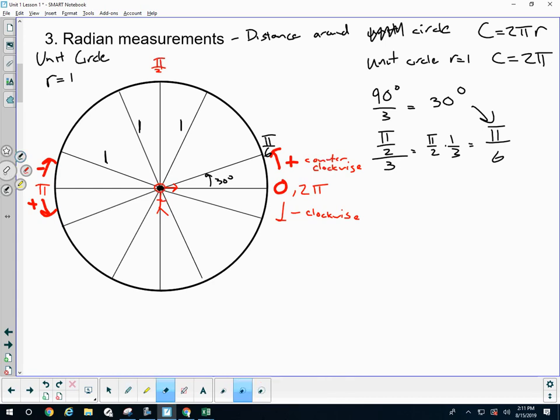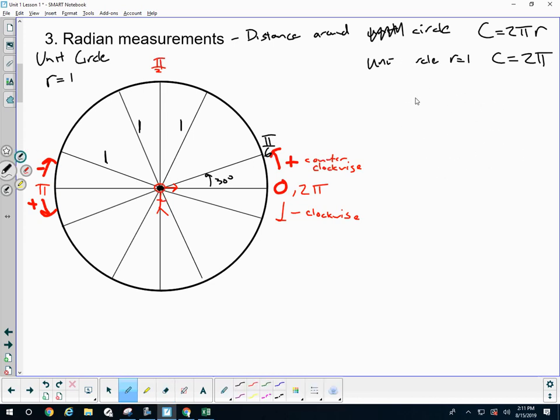All right, so we don't have to have this, but we do have to know that pi over 6 is what you guys think of as 30 degrees. Now, if I start at 30 degrees and add 30 more degrees, I get to 60 degrees, right? Well, you can do the same thing with radians.